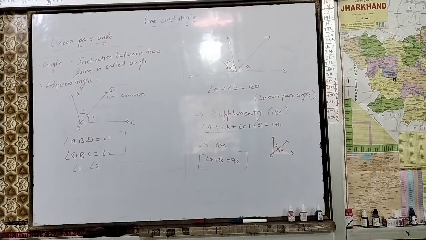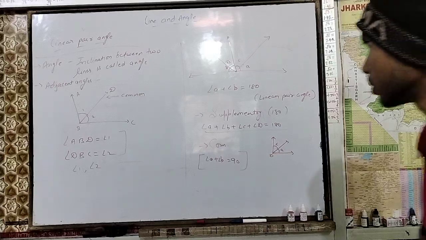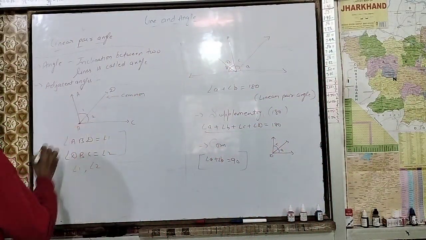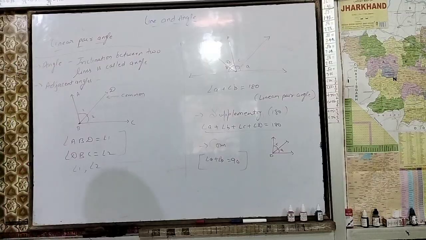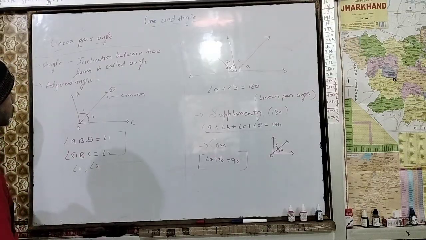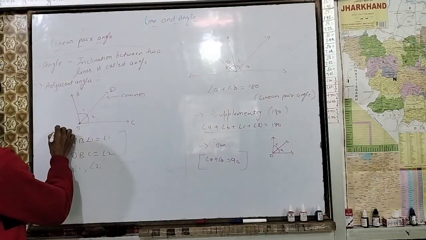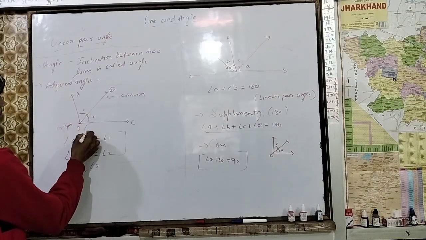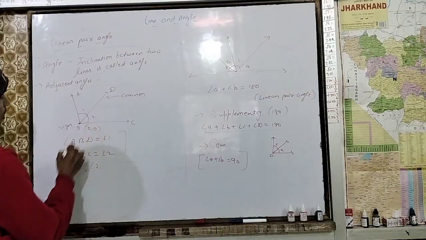Now let's break it down in more detail. This point where there is an origin is known as the origin. When it comes to coordinates, we call it the 0, 0 coordinate.